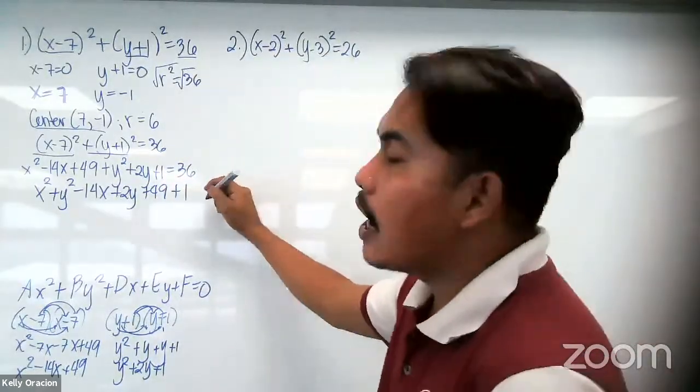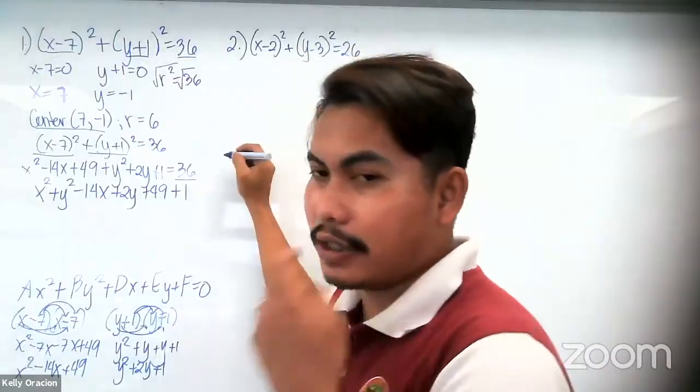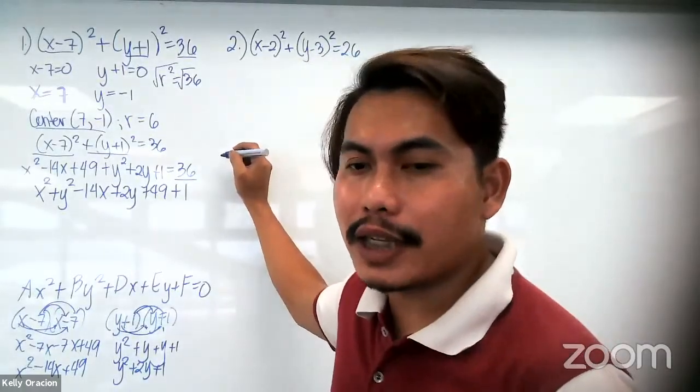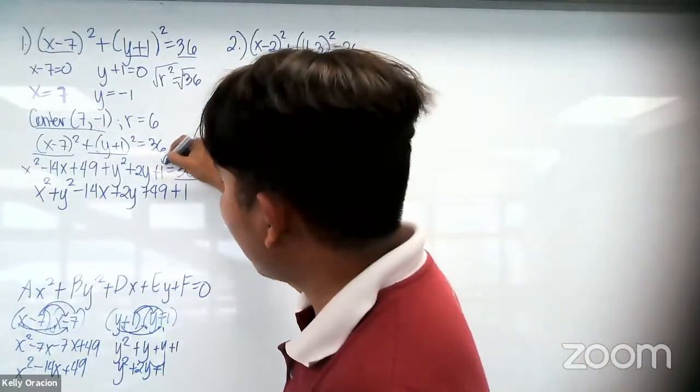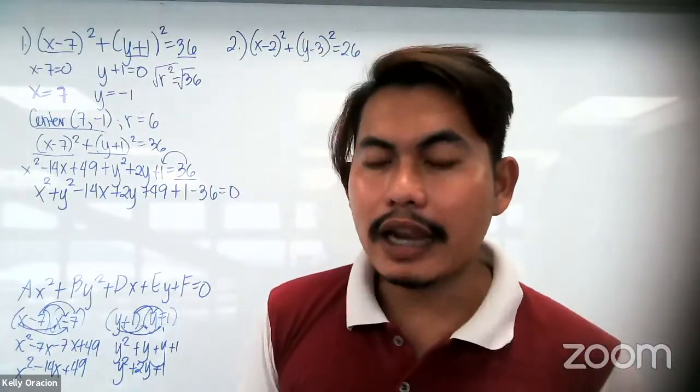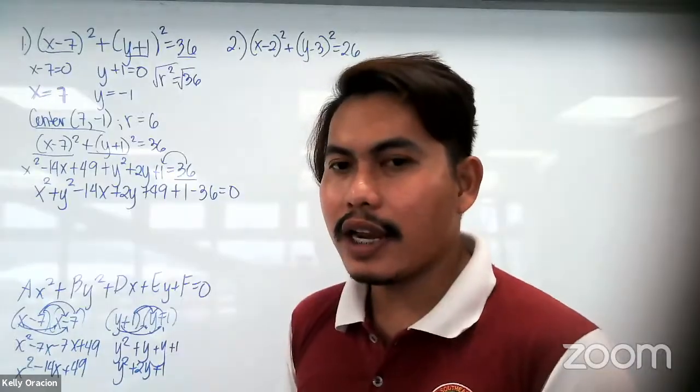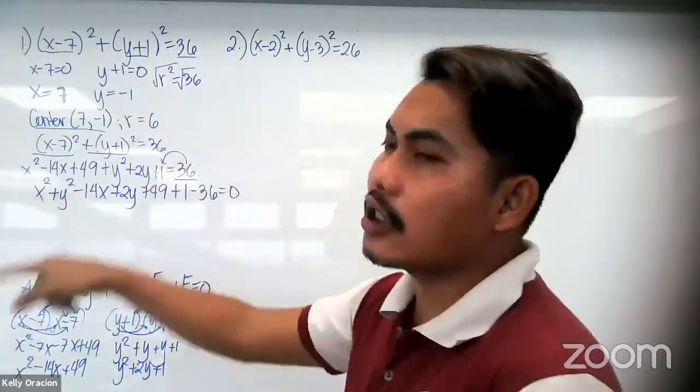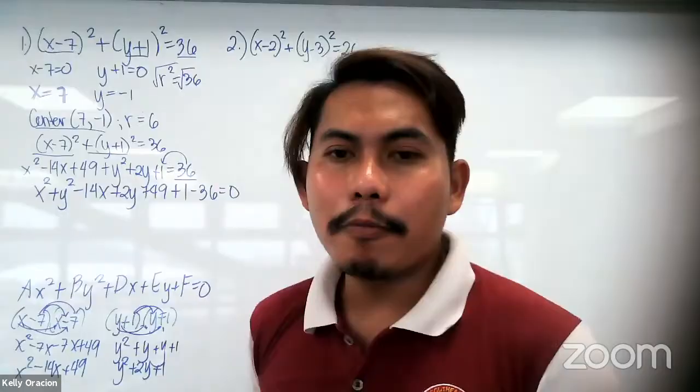Now, this positive 36, transpose to the other side, it will turn minus 36. Then equals 0.